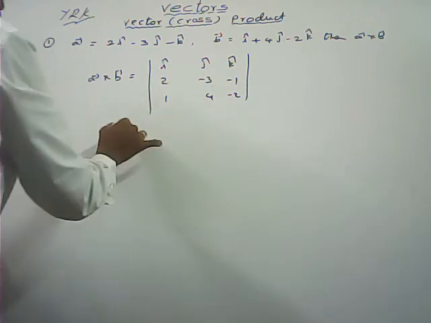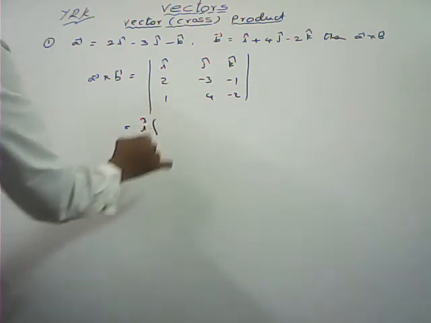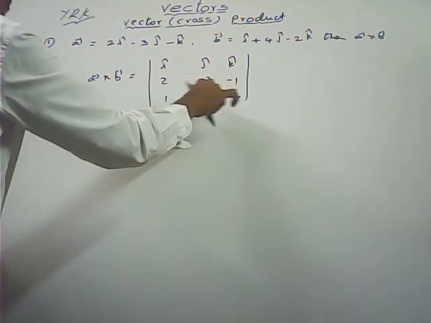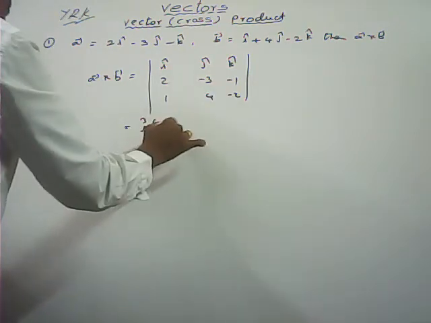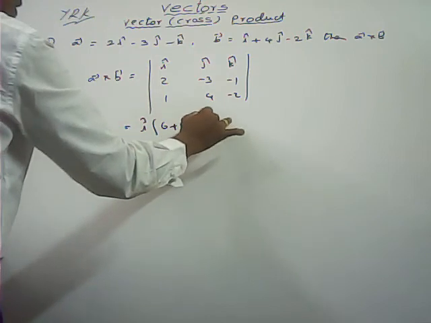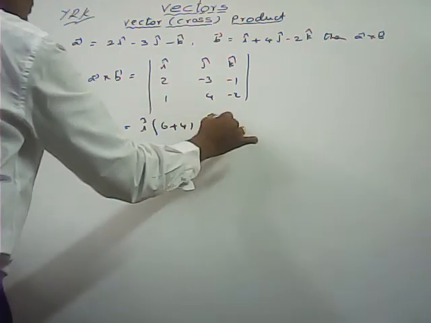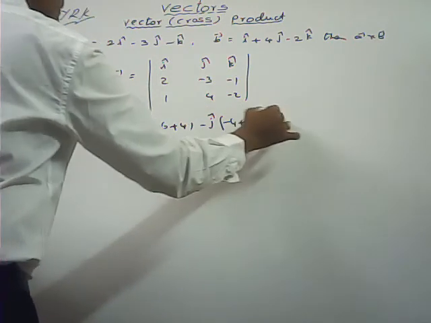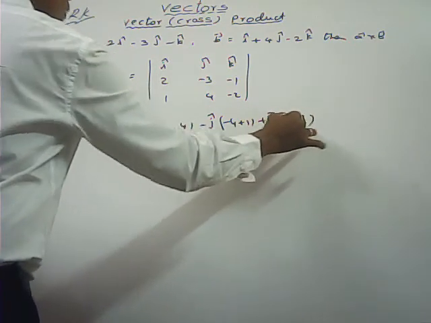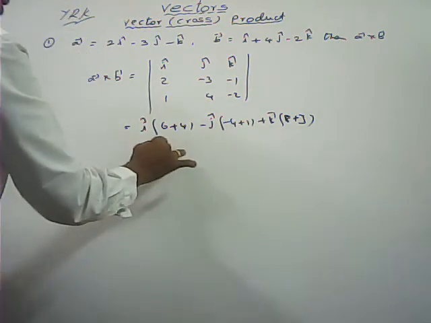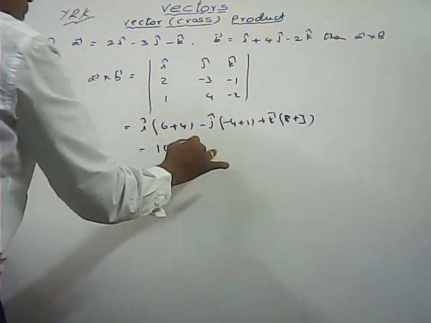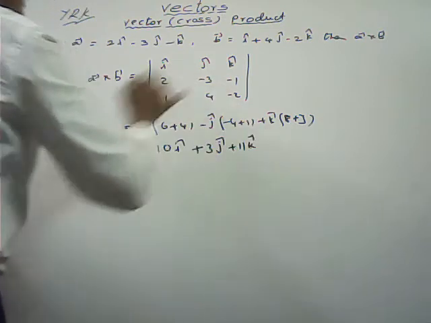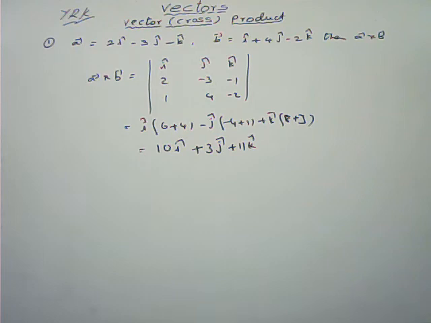If I expand that one, i cap into, this is the first column, you can remove that one, determinant of this 2 by 2 only. 6 plus 4 minus j cap into -4 plus 1 plus k cap into 8 plus 3. So 10 i cap plus 3 j cap plus 11 k cap, that is A bar cross B bar.